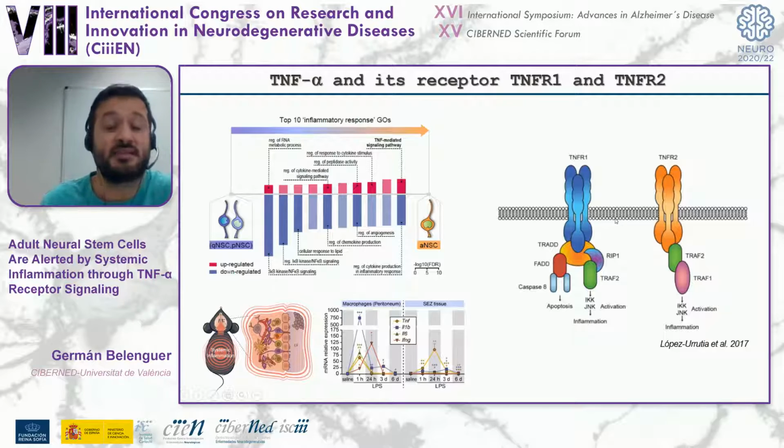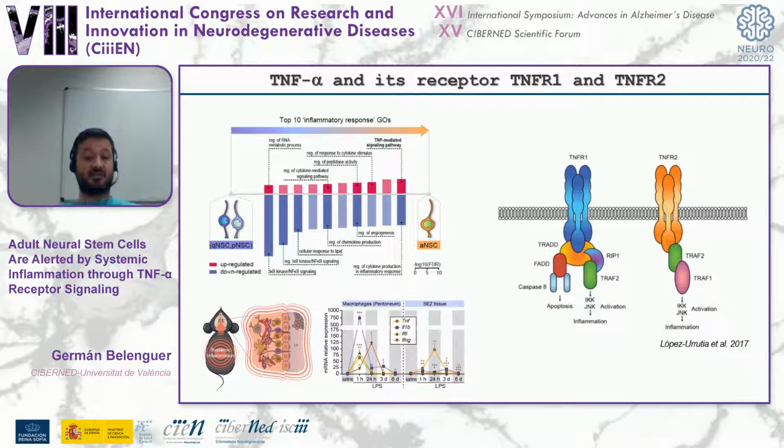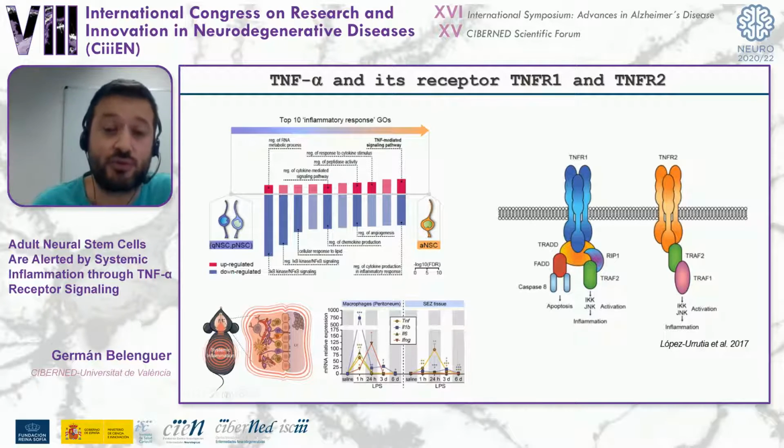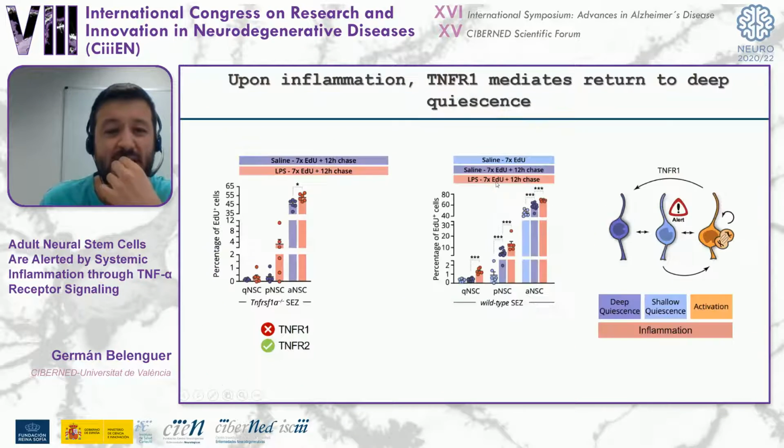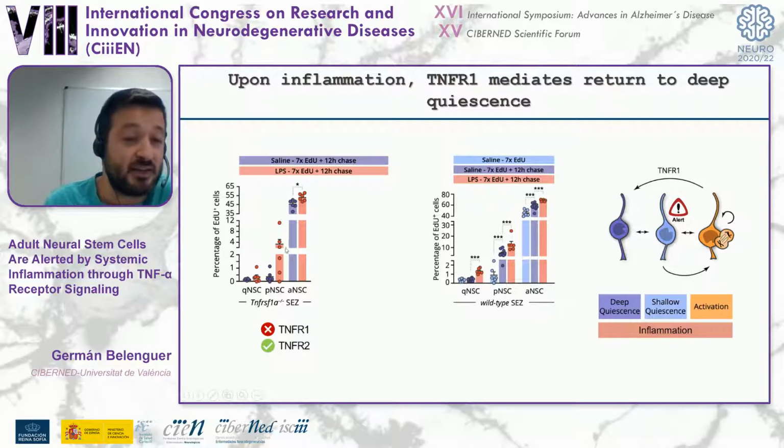So we tested the possibility that this signaling and these two receptors could be mediating this mechanism, and indeed, using different in vitro models that I'm not showing today, but also genetic knockouts for both receptors, we could demonstrate that TNF-α1 is required to mediate the return to deep quiescence.